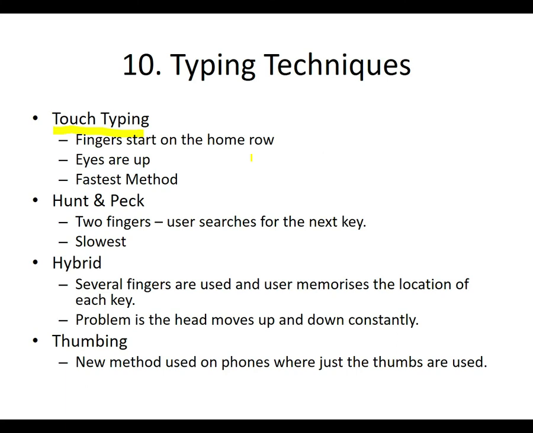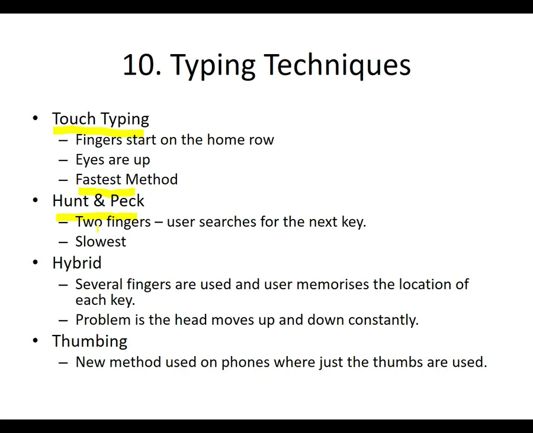Your brain knows where all the keys are, and this is the fastest method of typing. It's the method that in the old days, when I was young, everybody at school learnt how to do typing, and they learnt the touch typing method on old electric or mechanical typewriters.